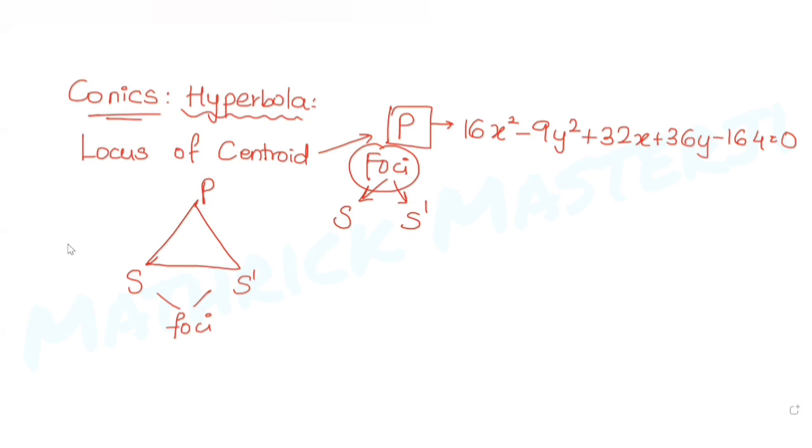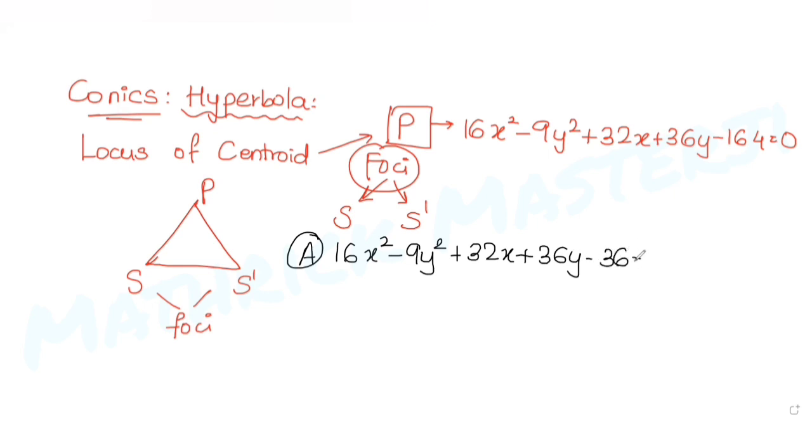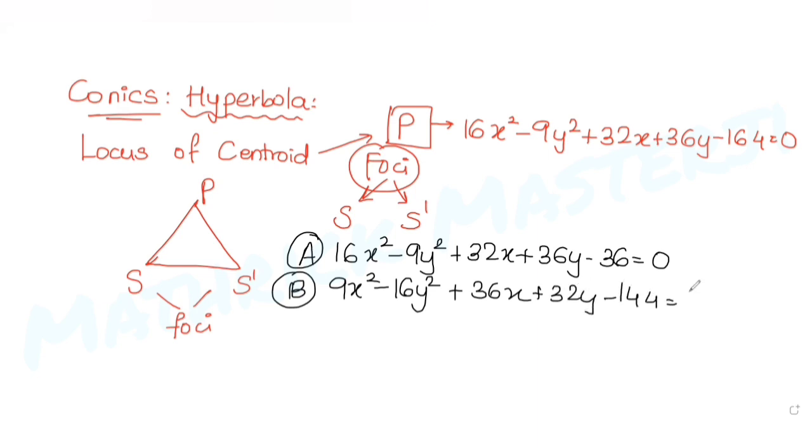Further, the answer choices given to us are four equations of the locus. The first is 16x square minus 9y square plus 32x plus 36y minus 36 equals 0. The second is 9x square minus 16y square plus 36x plus 32y minus 144 equals 0.